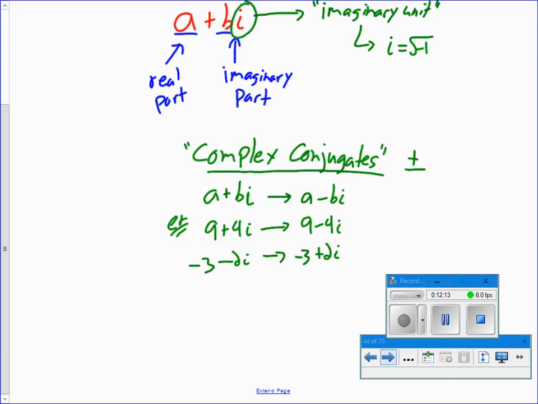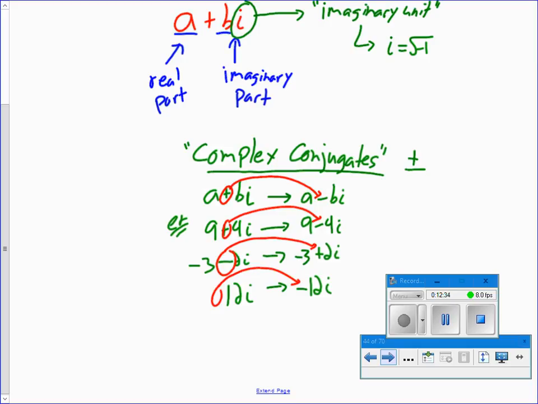And that's true even if the real part is 0. So if I had 12i, the conjugate would be negative 12i. Alright, so all we're doing really is just changing the sign of the imaginary part. And again, where that comes from is the plus or minus in the quadratic formula.